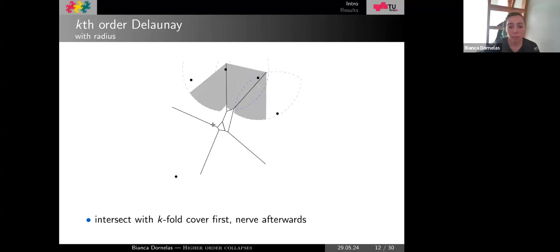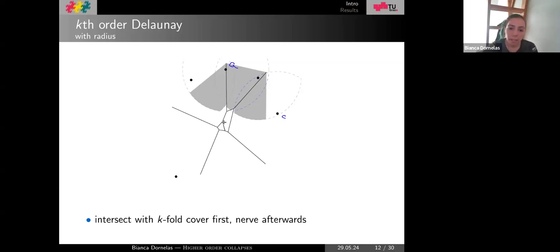Now, something interesting that happens here is that some simplices that would be in the Čech are not there in the Delaunay. So for instance, if we take a look at this highlighted lens here, that is the lens between A and C, right? So this is the ball around A, this is the ball around C.